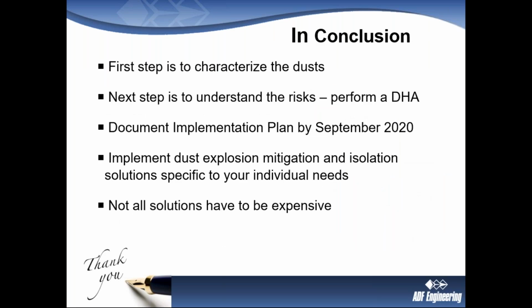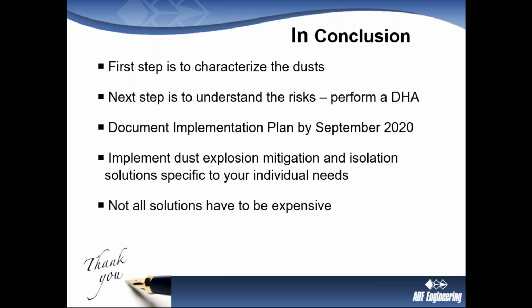So in conclusion, the first step of this is to make sure you understand what dusts you have, what differentiates one dust from another. There's upstream of a mill and downstream of a mill. Those are 2 different dusts. You need to understand your risks, perform a DHA, document this. If you're a grain and food facility, that includes pet food and animal feed, by the way, you have until September of 2020.